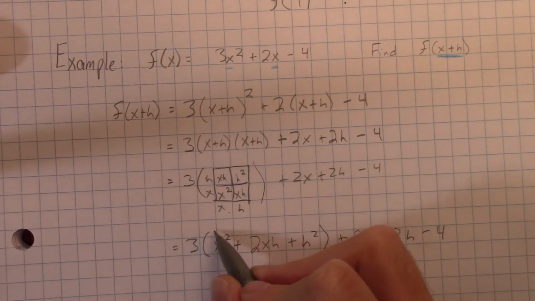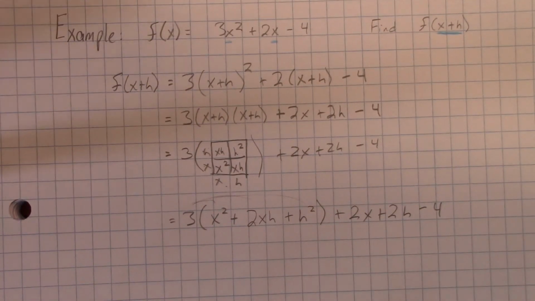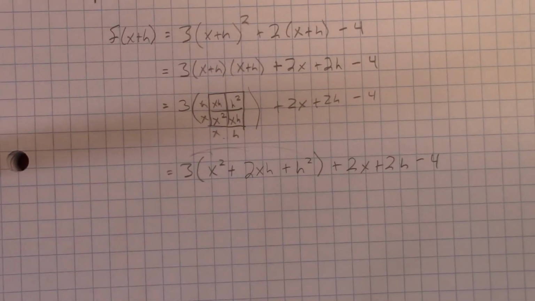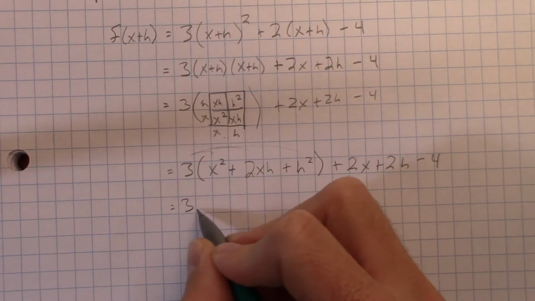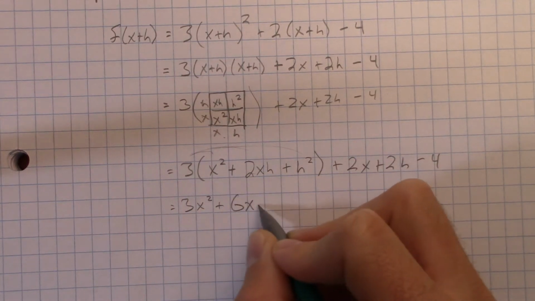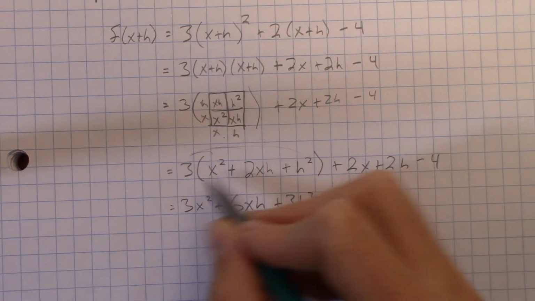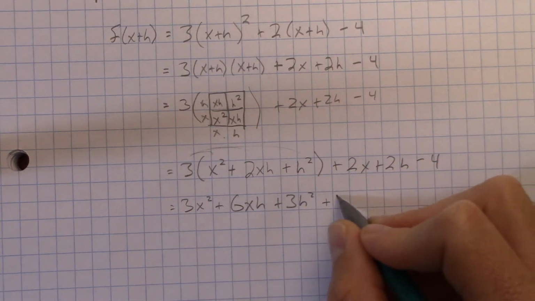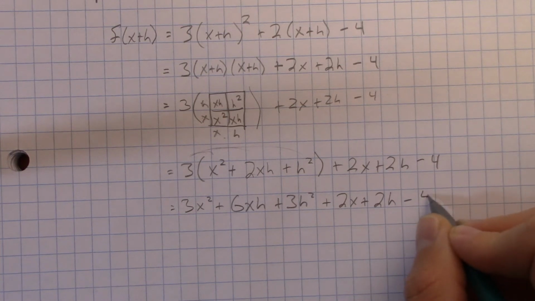And then I can finally distribute this 3 to each term. Okay, so I'm going to do that last, very, very carefully without dropping my camera off the table. And you get 3x squared plus 6xh plus 3h squared. Don't forget to distribute all 3 terms, plus 2x plus 2h minus 4.